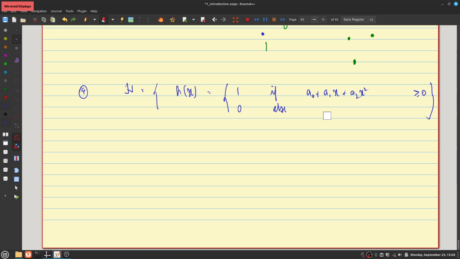Okay, so let's do it step by step. First, you take any 3 points, x1, x2, x3. If I give you any 3 pairs of points, let's say y1, y2, y3, can I construct a quadratic which passes through x1, y1, x2, y2, x3, y3?